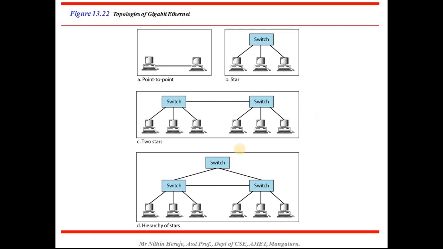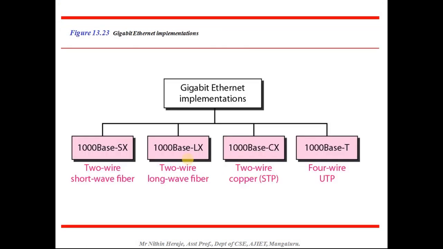This is the topology of the gigabit Ethernet, where here you have point to point, and this is a star topology. Here you have two star topologies connected together. This is the hierarchy of star topologies. There are 4 different implementations of gigabit Ethernet.